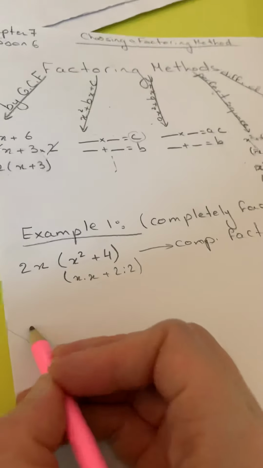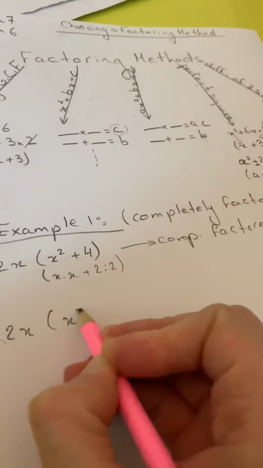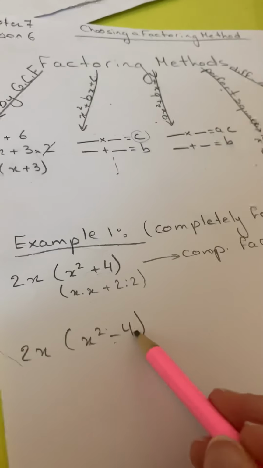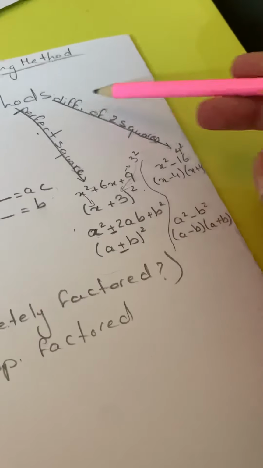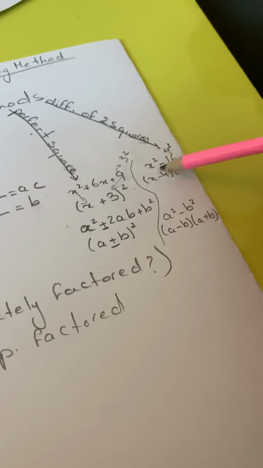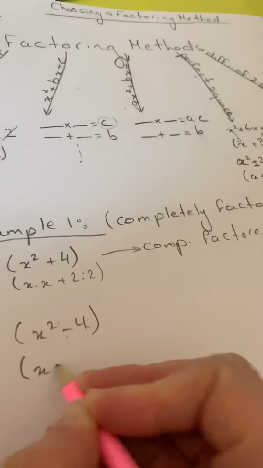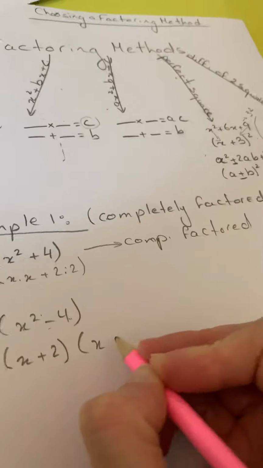But what if instead of plus they gave you minus? If you look at x power 2 minus 4, this will remind you of this method, difference of two squares. It's like this one. So you can put it as first plus second, first minus second.